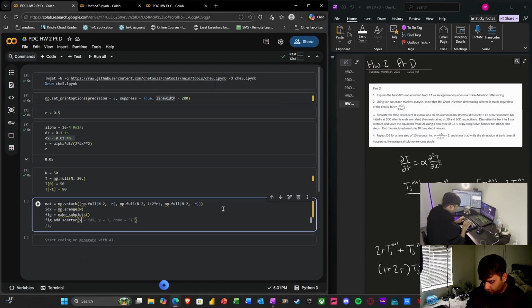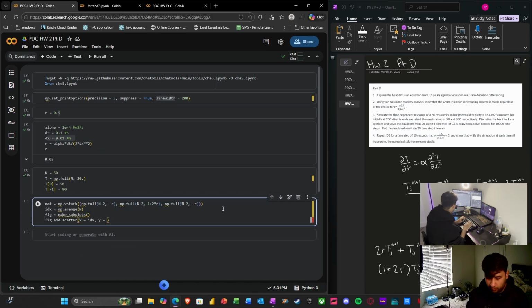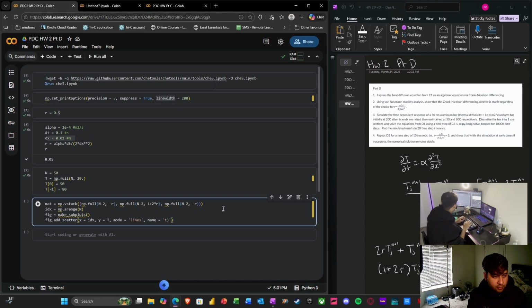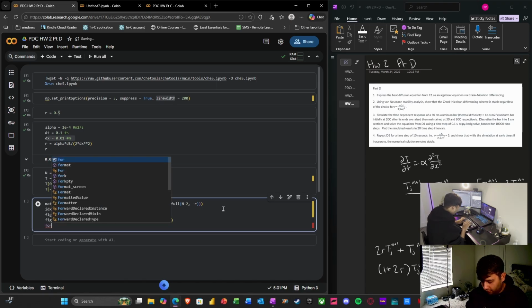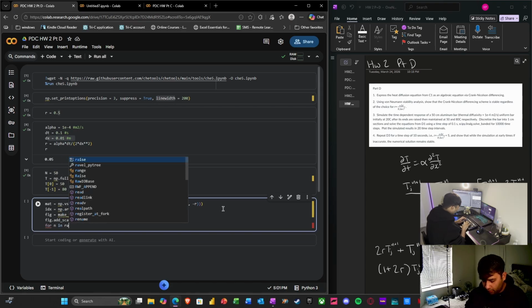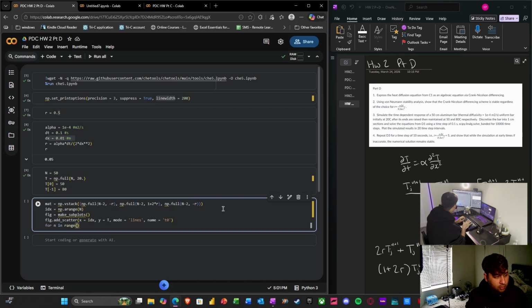It's kind of right, but idx, y equals T, mode is going to be lines, and then our name will be T initial, and then for n in range, and we're going to use 10,000.